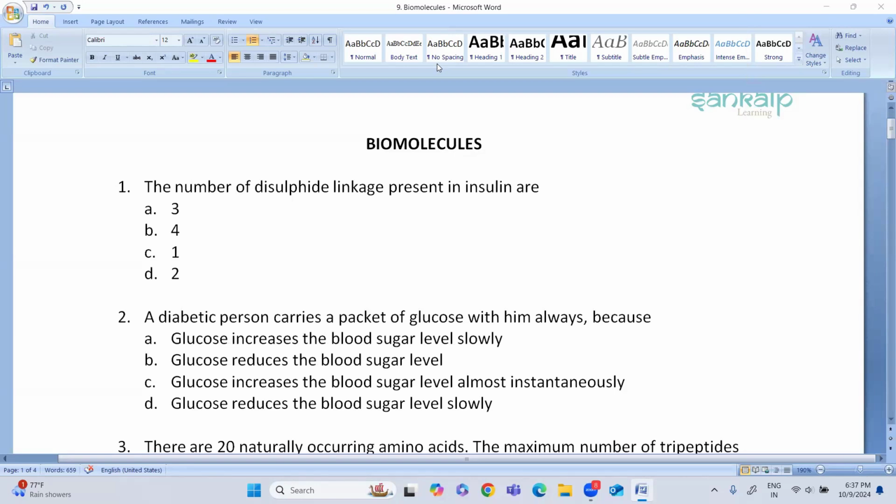Disulfide linkage present in insulin. What is the answer? Okay, Sanjeevni has answered as 2.